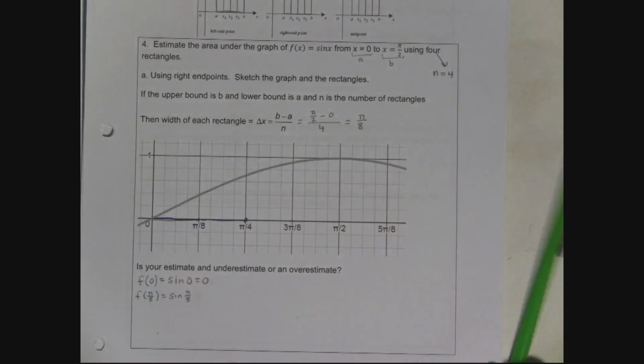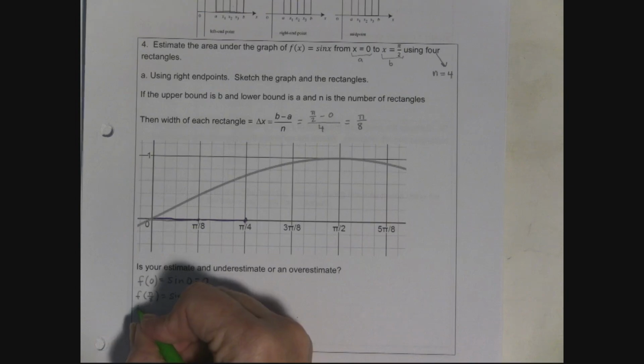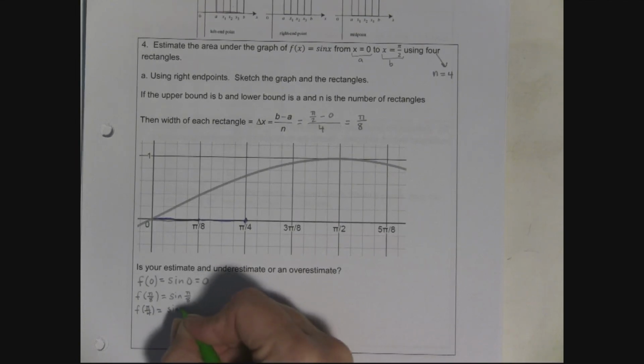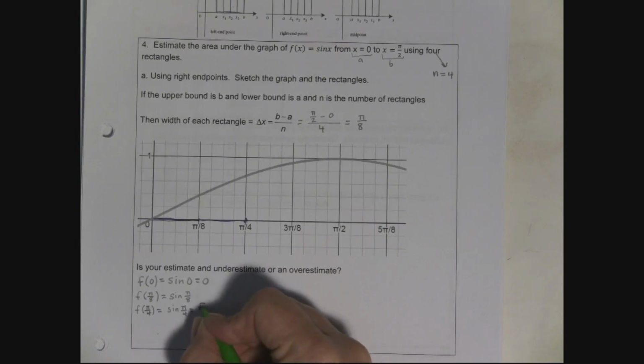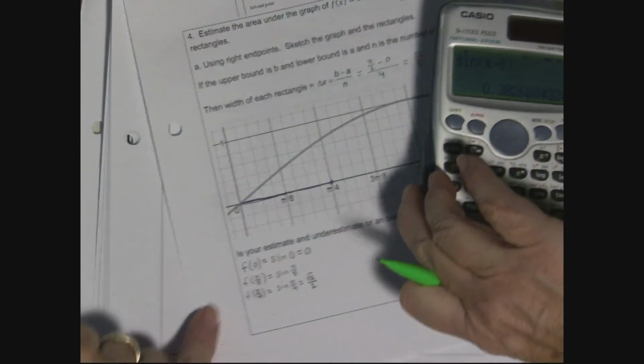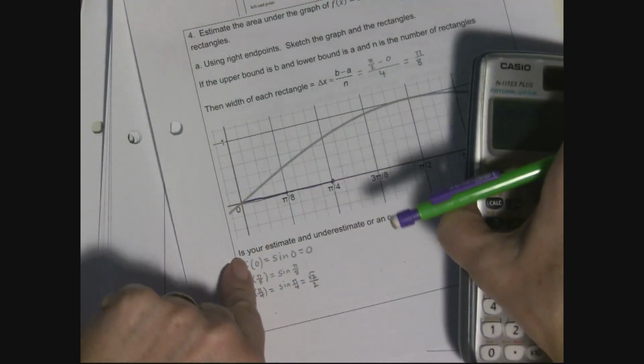So I'm going to find f of pi over 4. I think f of pi over 4 is one I know, right? Because I think I know the sine of pi over 4. I think it's a friend. I think it might be the square root of 2 over 2. It's okay to give it a whirl on your own and then use your calculator to verify.